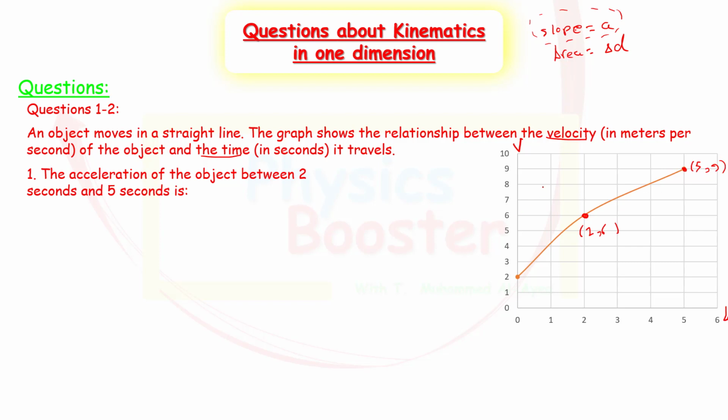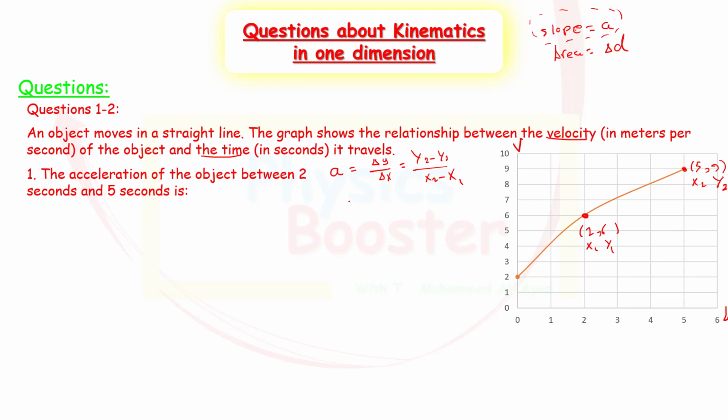If I want to find the slope, or the acceleration in this case, it's the change in y over the change in x, which is y2 minus y1 divided by x2 minus x1. Let's remember that this is x1, y1, and this is x2, y2.